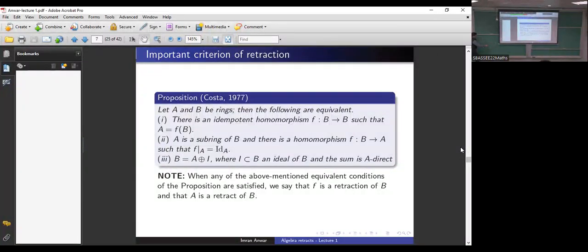Okay, and when you take F square, it is already the identity on B, and this particular F defined in this way is going to give you a morphism. So the starting one is the inclusion map, this one.